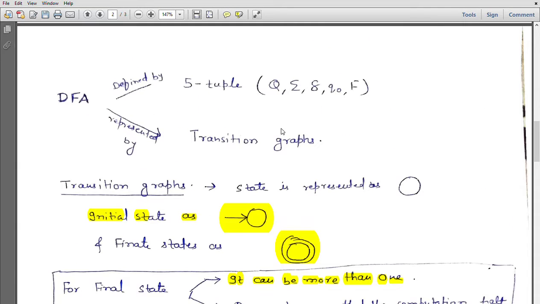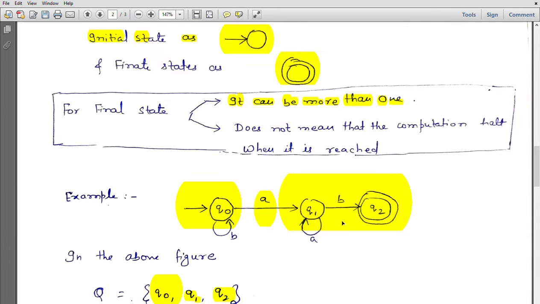So we can say that the DFA is defined by the five tuples, this capital Q, sigma, delta, Q0 and capital F, and it is represented by the transition graph. Transition graph is like this.